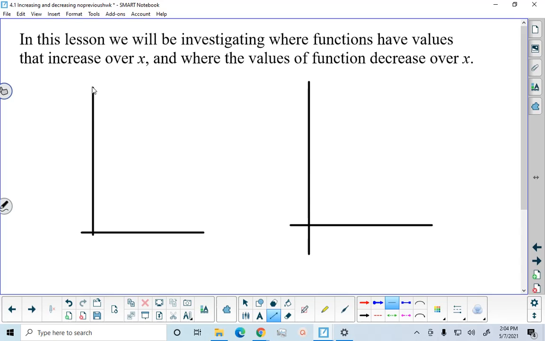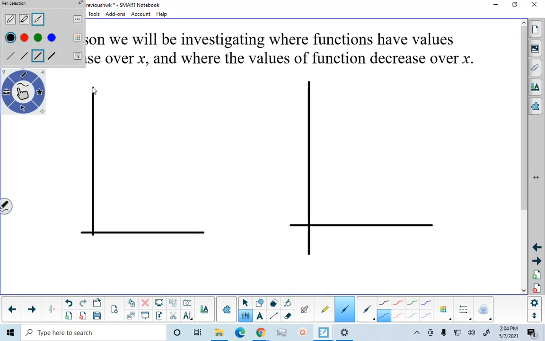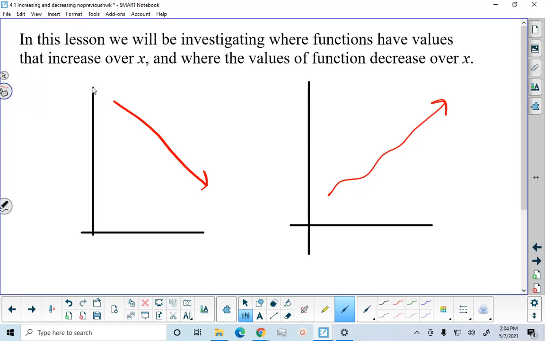We've got x and y axes in these two situations, and we can have a function that looks like this. Doesn't matter whether it's a straight line or curvy. We can have a function that looks like this. Again, it doesn't matter what the shape looks like, but in every interval that I've drawn on the left-hand graph, the function is said to be decreasing.